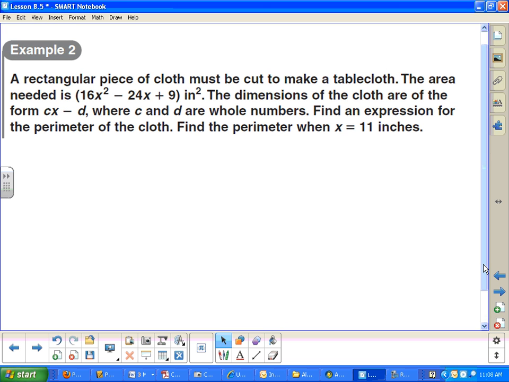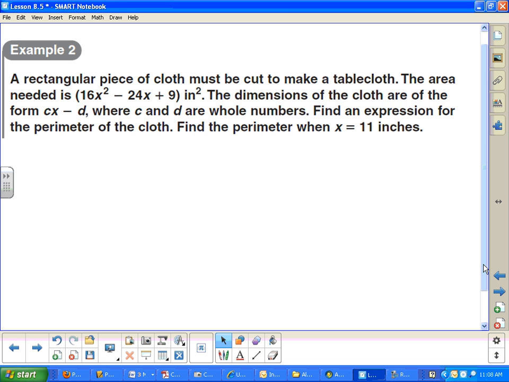A rectangular piece of cloth must be cut to make a tablecloth. The area needed is 16x squared minus 24x plus 9 square inches. The dimensions of the cloth are of the form cx minus d, where c and d are whole numbers.